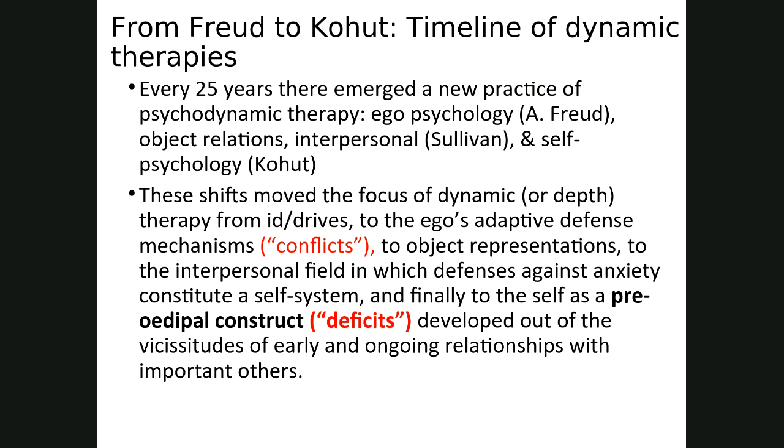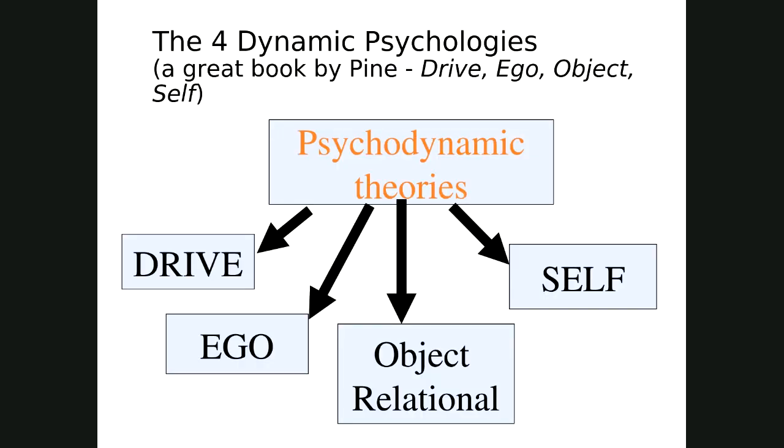Let me just step back and again give you that introduction to the work of Pine. Fred Pine, in his Drive, Ego, Object, Self, illustrates that over time there were these four psychologies that all reflect the essence of psychodynamic theories, where there are unconscious elements driving motivation and behavior.